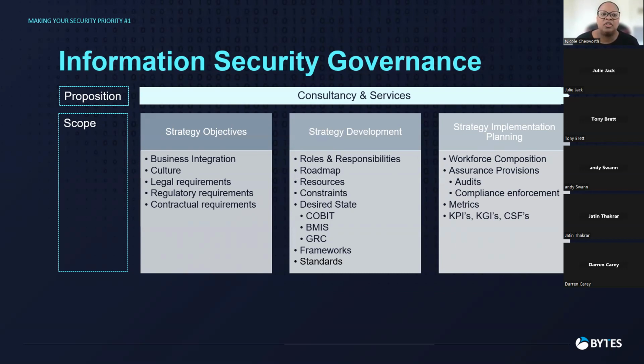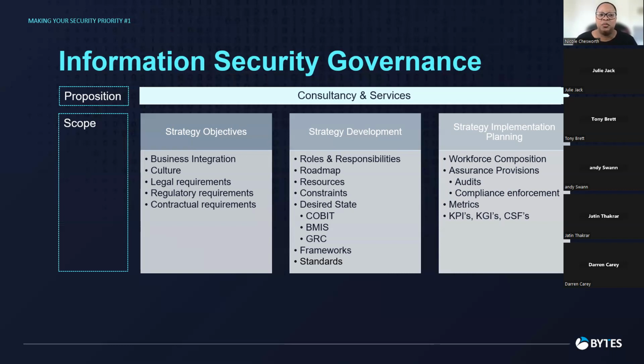Now, when you're building out your strategy objectives, you're usually going to rely on a few things. So potentially there's legal requirements involved that you need to meet, maybe regulatory requirements for the specific sectors you're in, and possibly contractual requirements with your customers or with your suppliers.